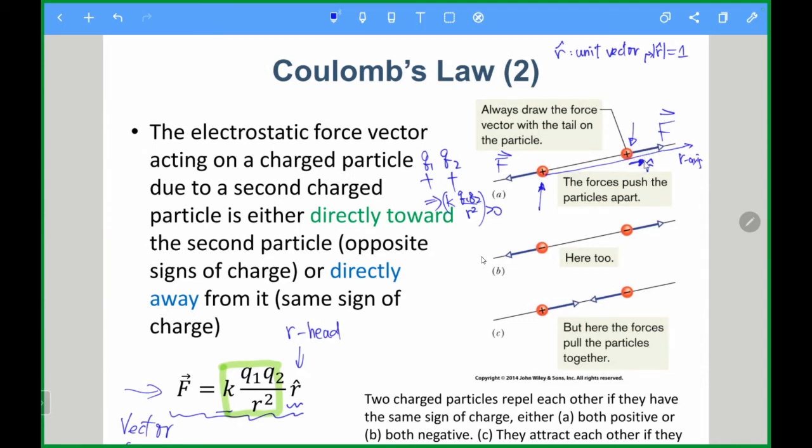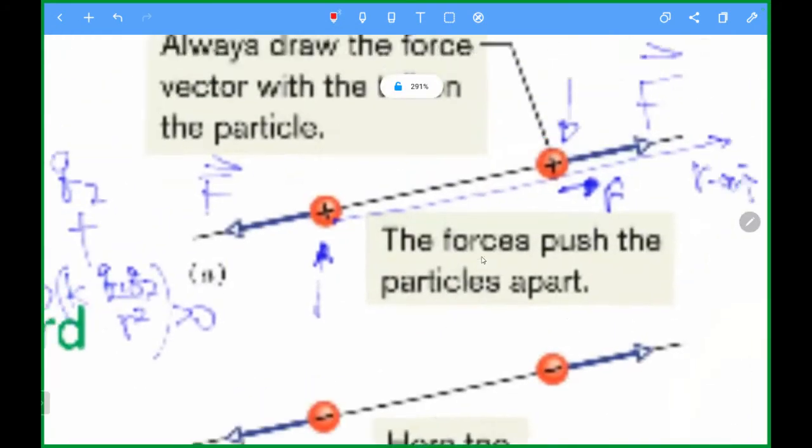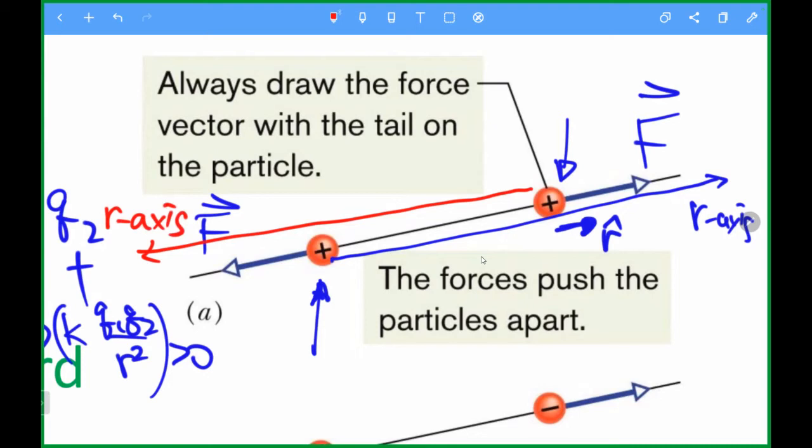Now if you consider the other way around, from this charge to this charge, then the direction of the R axis is reversed, and R hat points in the opposite direction. For this charge, R hat points to the left side; for this charge, R hat points to the right side.